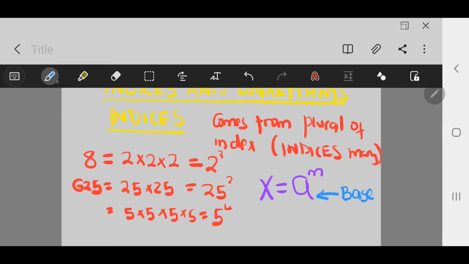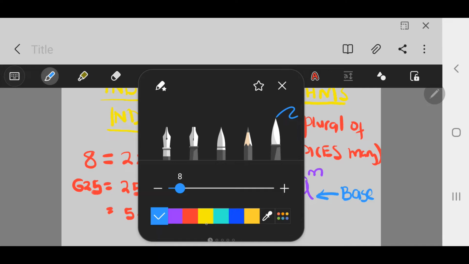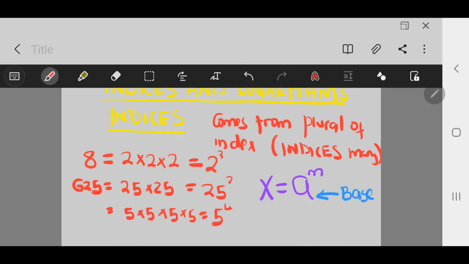The number that is at the top, that's the superscript, is called the index. So x can be written as a base a index m. If I know what a and m are, I can tell you what x is.